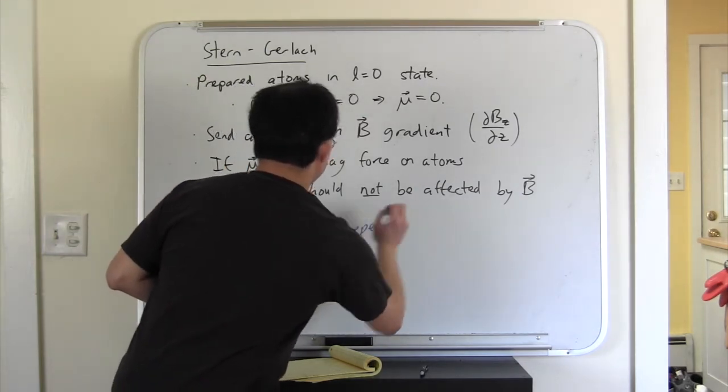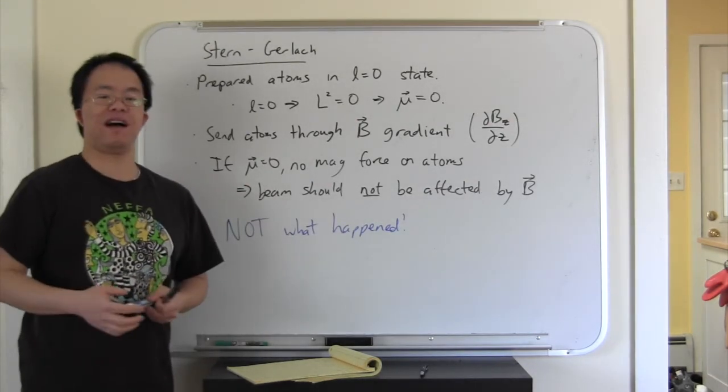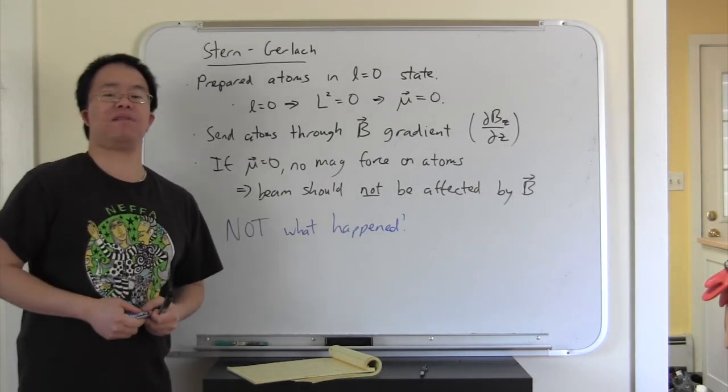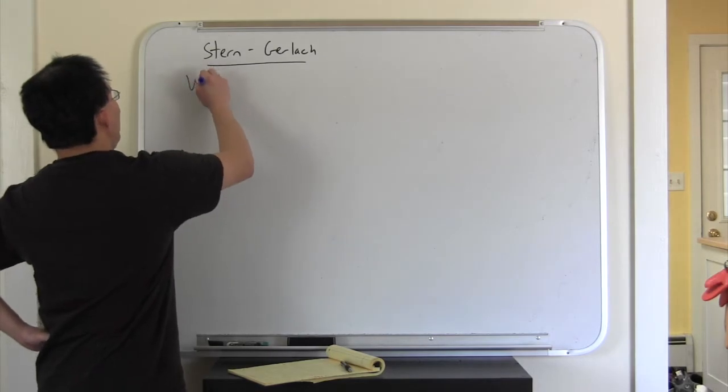So, in a second, let me erase the board and then tell you what actually did happen and what that tells us about the electron. What actually happened was the following.